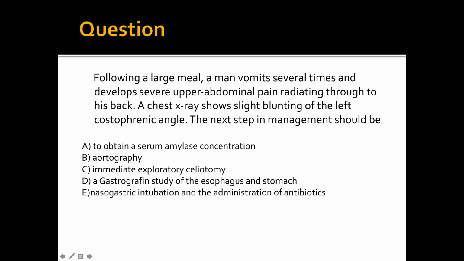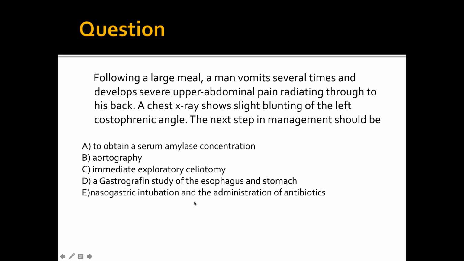We know with the vomiting and so on, we don't want to do that. Immediate exploratory laparotomy, not necessary because we don't know where the site of perforation is. If it's in the chest, laparotomy wouldn't help you. Gastrografin study, certainly want to do some kind of contrast study to look for evidence of extravasation and treat accordingly. So D is the answer.